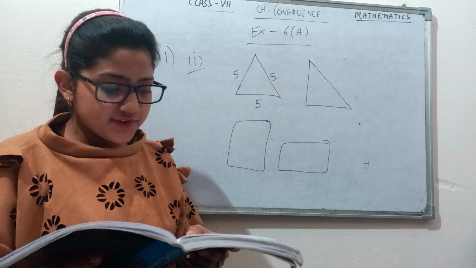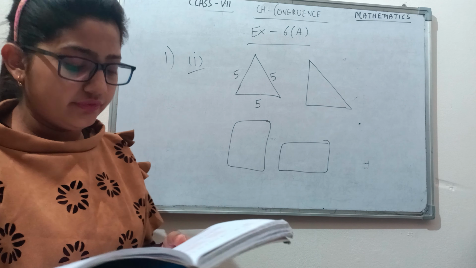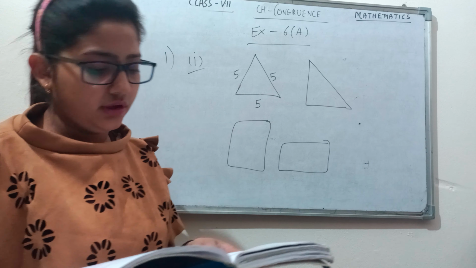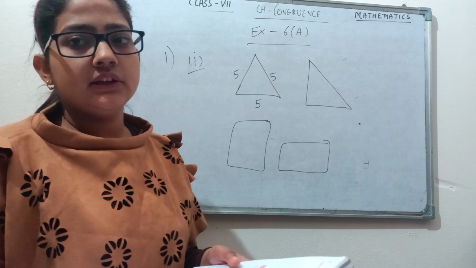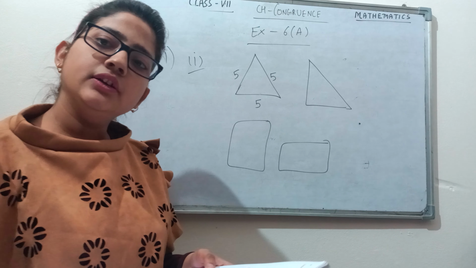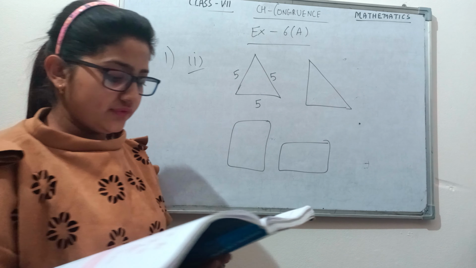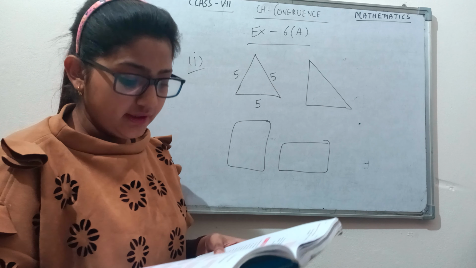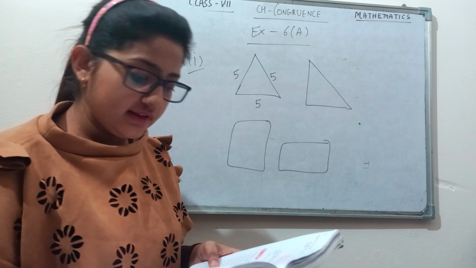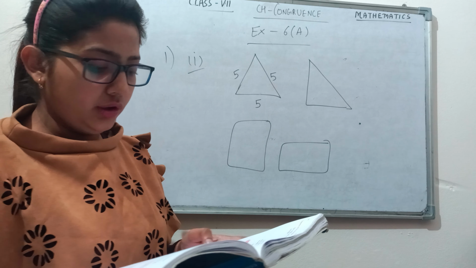Next is two circles each of radius 5 centimeter are congruent. All circles of the same radius are congruent. Next is two circles, one of radius 3.5 and another of diameter 7 centimeter, are congruent.